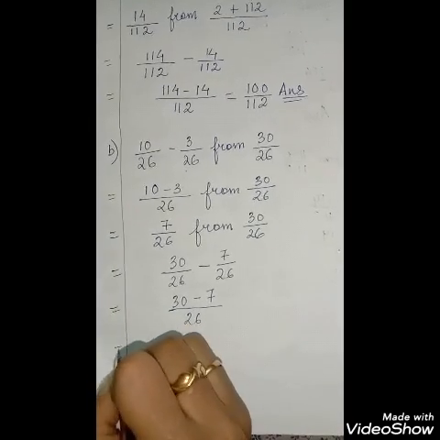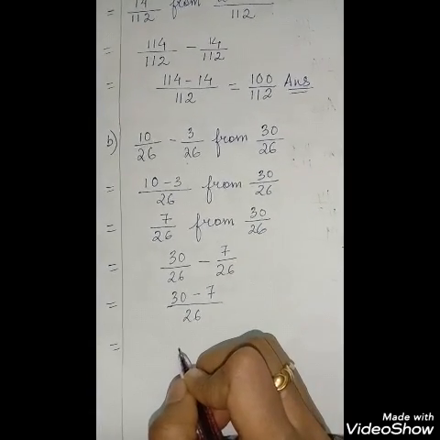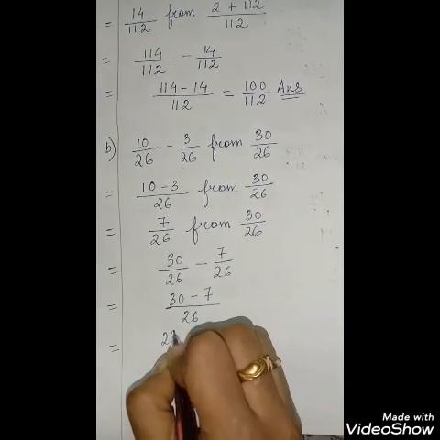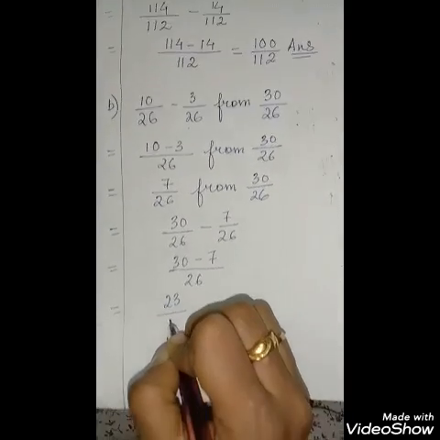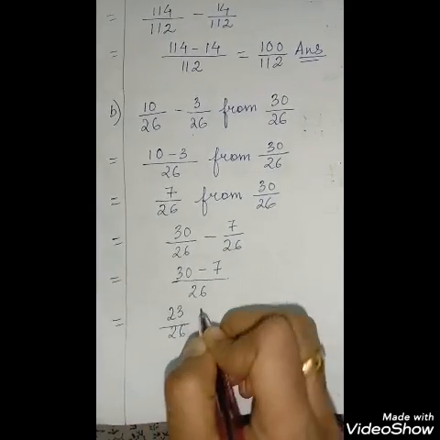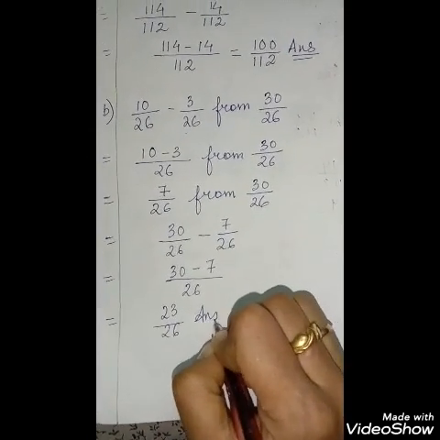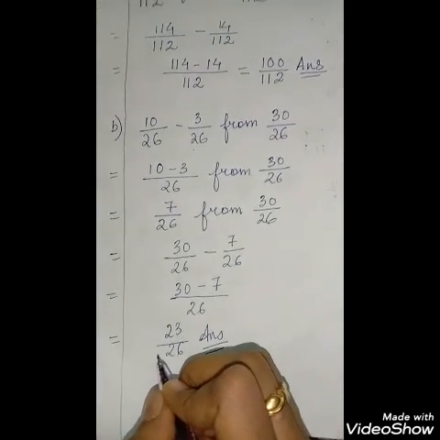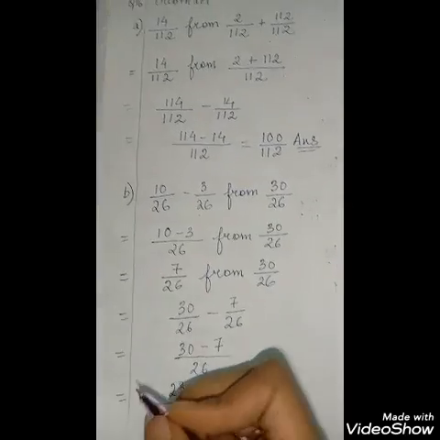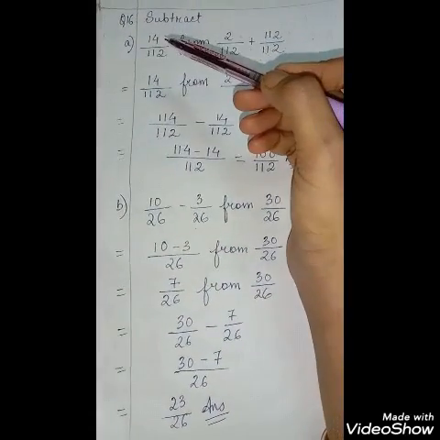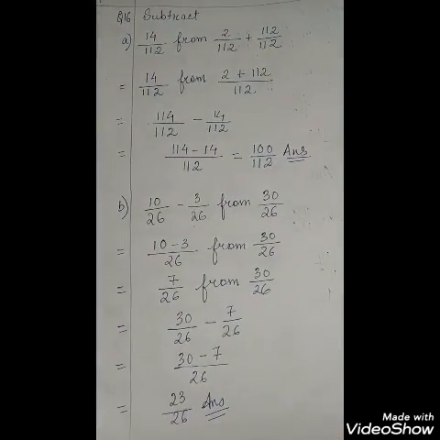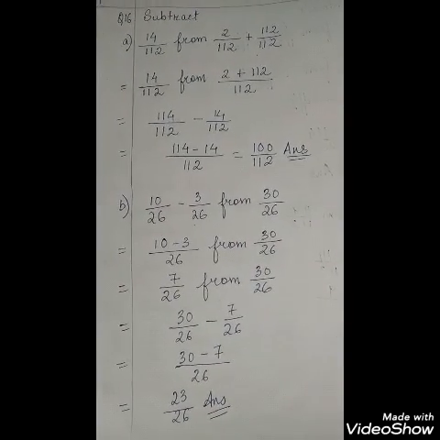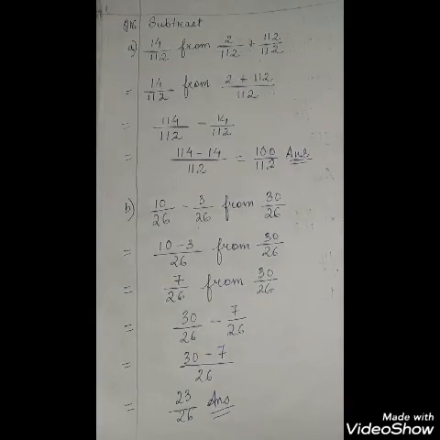So 30 minus 7 is how much? Children, tell me. 30 minus 7, 23. So the answer is 23 by 26. Got it, children? So this is how you have to do it. Children, kindly practice 16 number A and B first, then try to solve number C. Got it, children?